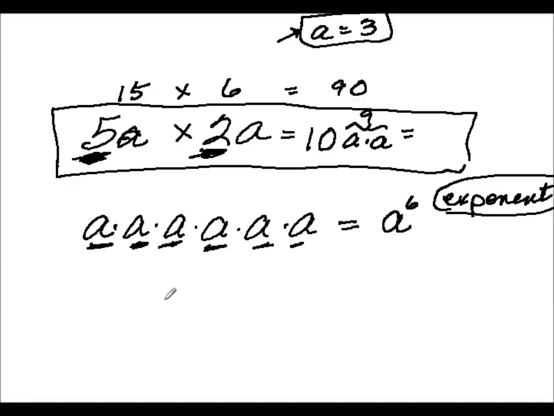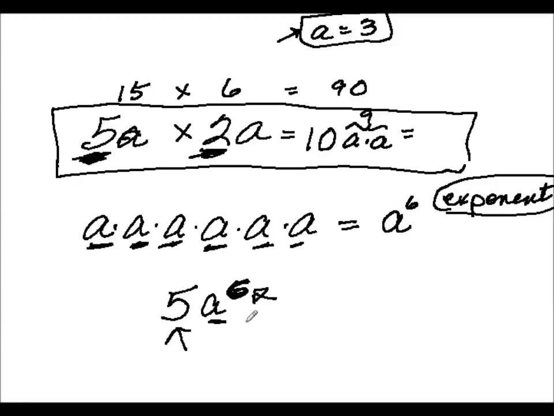So let's take just a regular term. 5a to the 6th. This 5 would be the coefficient. This 6 would be the exponent.